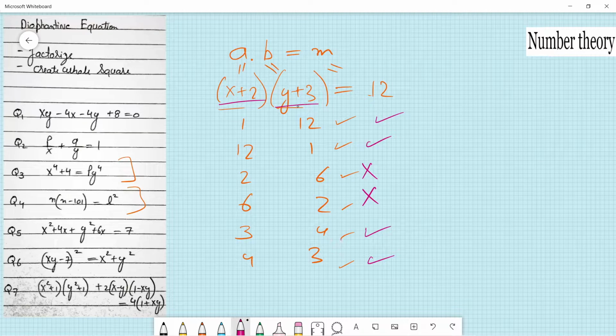If in some case the GCD is not turning out to be 1, that's also fine. Even better in some cases. Suppose their GCD was coming out to be 2. Then this case will be discarded because their GCD is 1. These two cases will also be discarded as their GCD is 1.